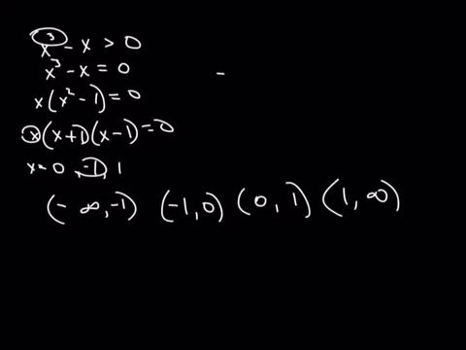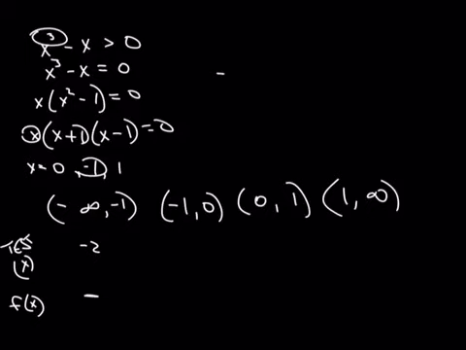So all I'm going to do again is have a test where I put in an x value. For the first one, let's say I put in a negative 2, something between negative 1 and negative infinity. When I put in negative 2, my f of x value, or my y value, is negative 6.